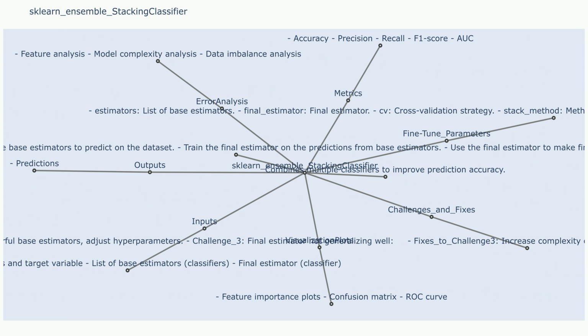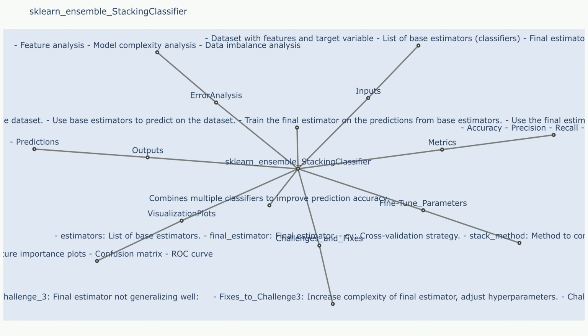Fine-tune parameters. Base estimators: experiment with different base classifiers and their hyperparameters to find the best combination. Final estimator: choose a final estimator that is suitable for the specific task and adjust its hyperparameters accordingly.